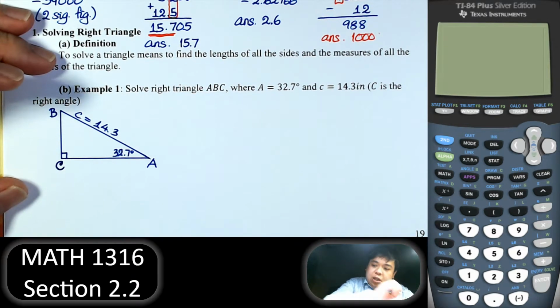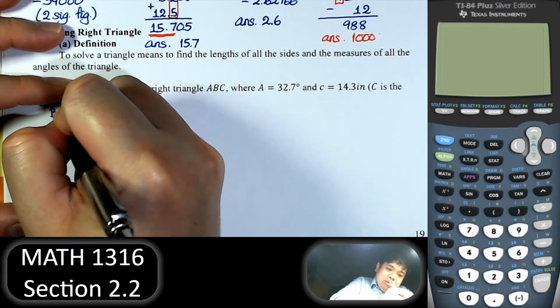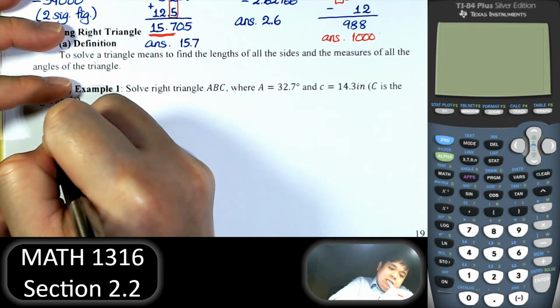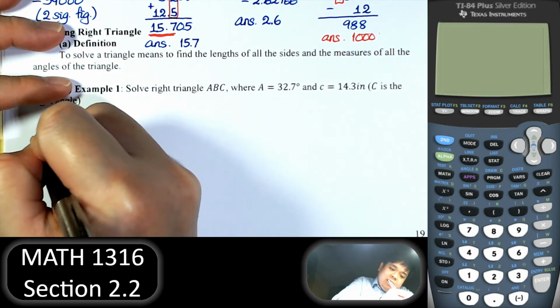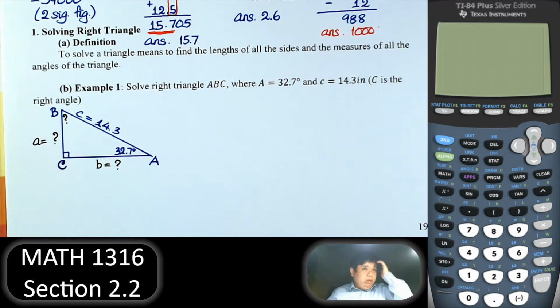So solving a right triangle means that we find all the missing information, meaning this angle B, this side a, and this side b. So we find all the missing information for that right triangle.